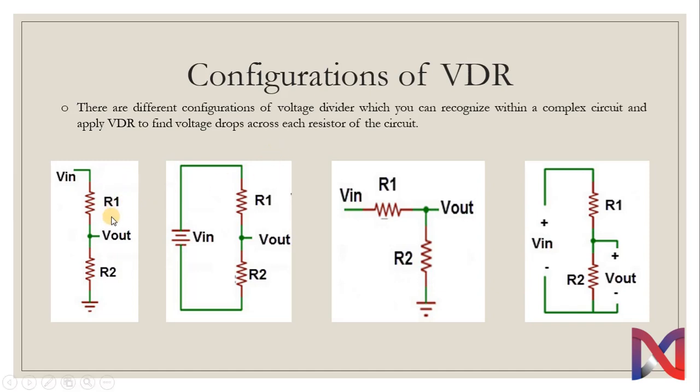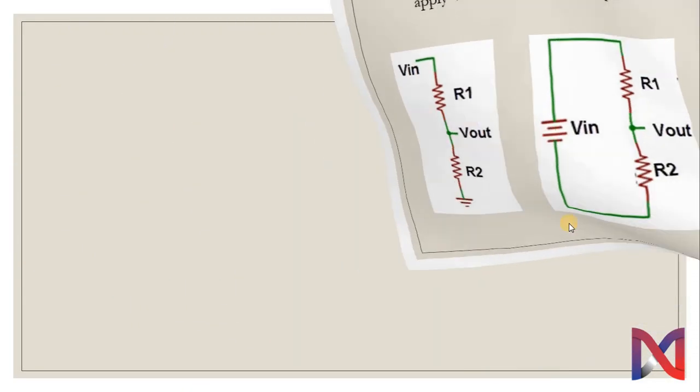This is the first configuration, and this is the same configuration with a voltage source. This is another combination and the same combination with a voltage source. Let's proceed to our first example.